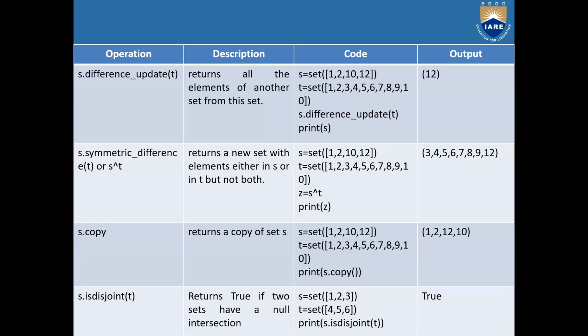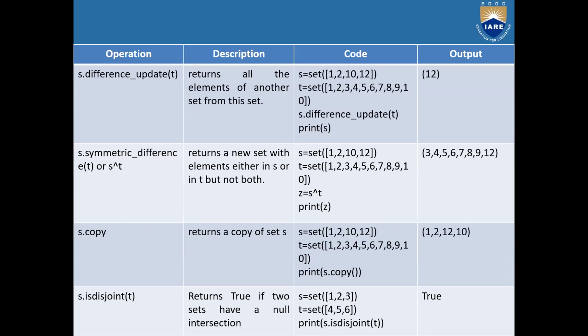Okay. Then what does symmetric underscore difference do? It returns a new set, okay, with the elements either in S or in T, but not both. It removes intersection elements. Intersection elements will be removed and others will be displayed. Next, copy. The copy method returns a copy of set S. Next is disjoint.